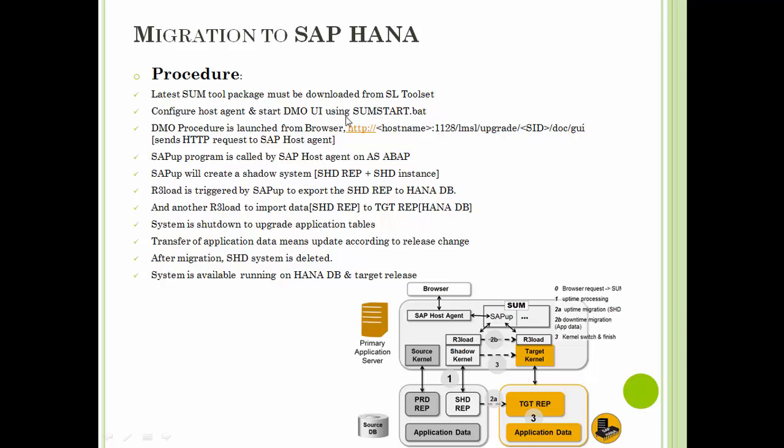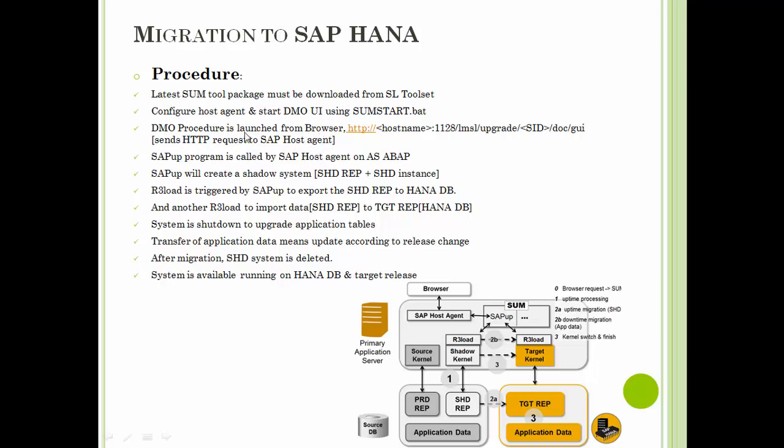That is, we have a command like sumstart.bat config host agent, which must be run so that host agent understands the SUM signals, because DMO procedure is launched from a browser like this. This is the format. So once we launch it, it sends HTTP request to SAP host agent.